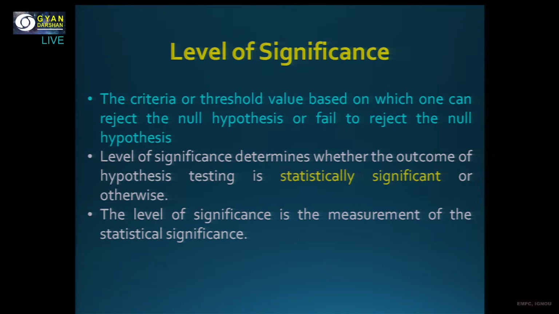Now, there are two or three major levels of significance in research work, specifically in social science research. We fix the level of significance at 1% or 5%. In social science research, it is normally 5%.